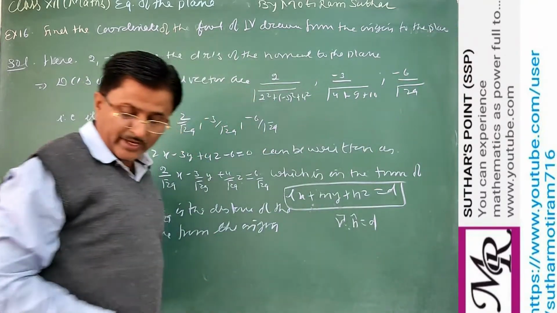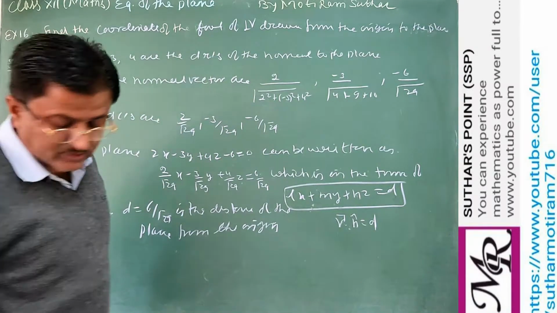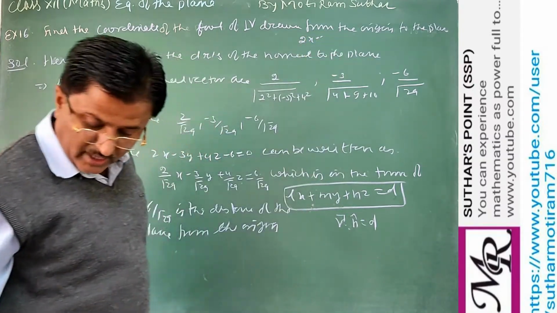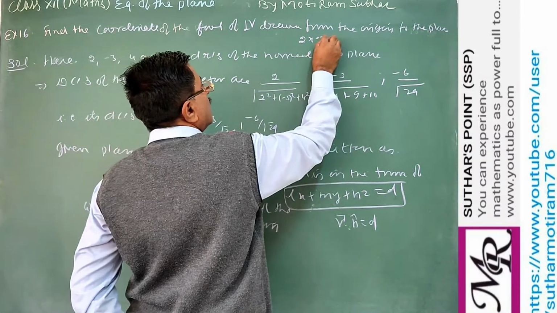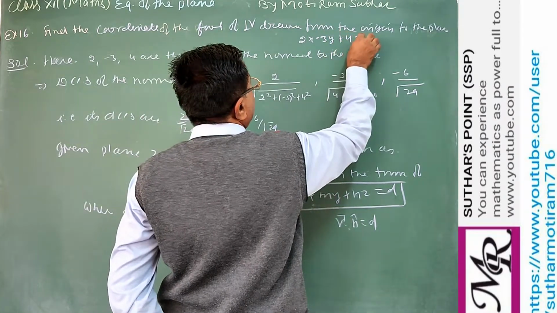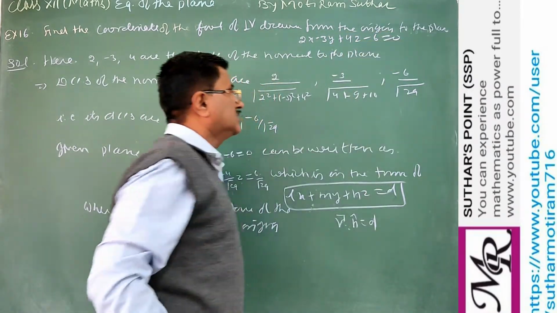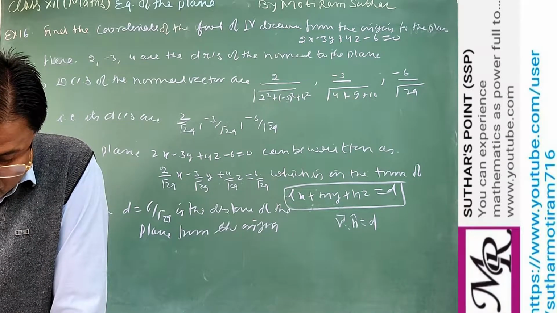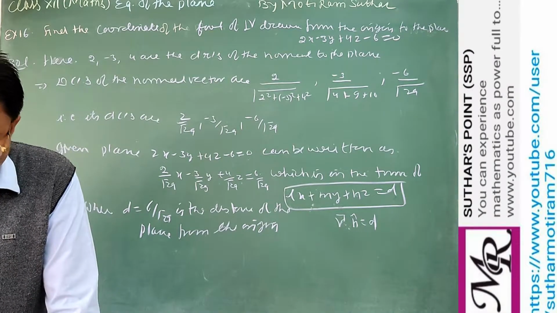So we are given the equation of the plane, that is again 2x minus 3y plus 4z minus 6 equal to 0.